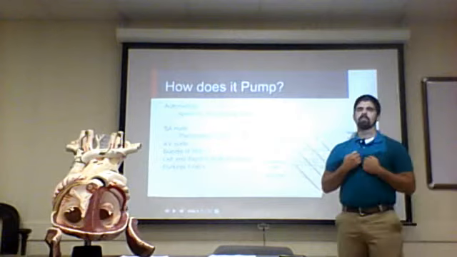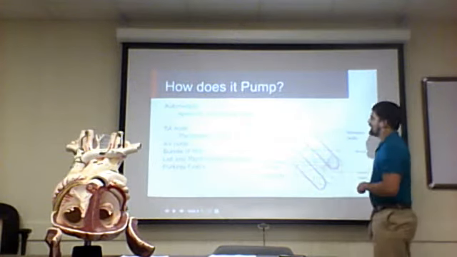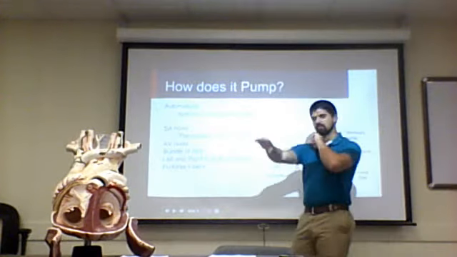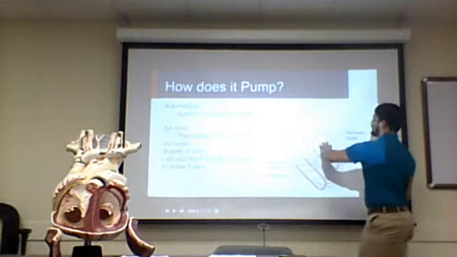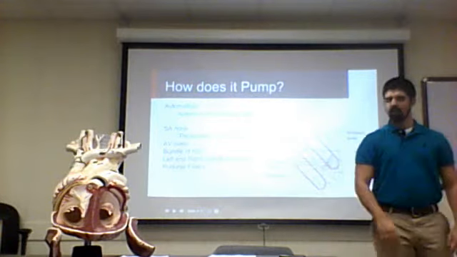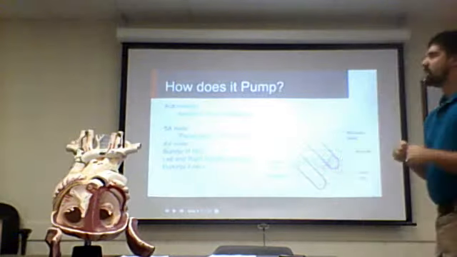All the electrical current for your heart originates right there in the SA node. And this electrical signal is going to start and fire and go through the atrium, both over to the left atrium and down to the right atrium, and it's going to make those atria contract a little bit.